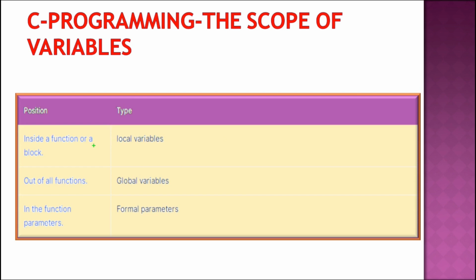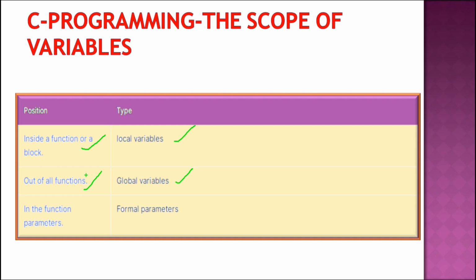If we write our variable inside our function or a block, then it is called a local variable. If we write our variable outside of all functions, then it is called a global variable.